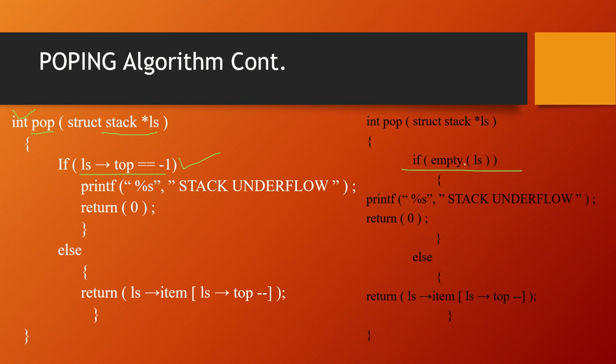If empty ls, we are calling empty function in this pop function. These two are almost same functions, same pop functions. Just difference is here we are writing the statement that is ls top equal to -1, and here we are calling empty function in this pop function.